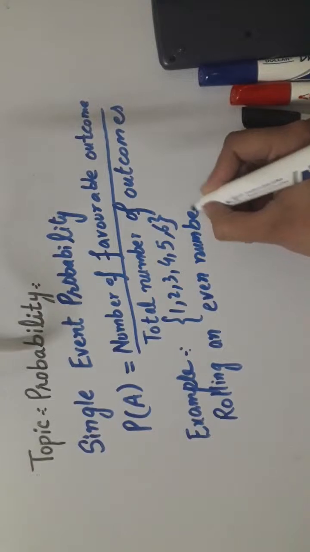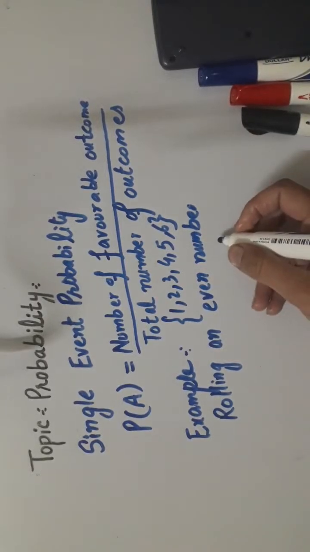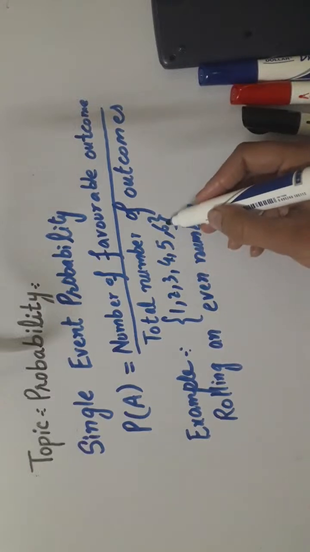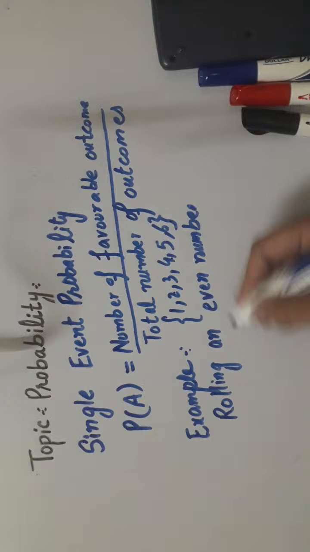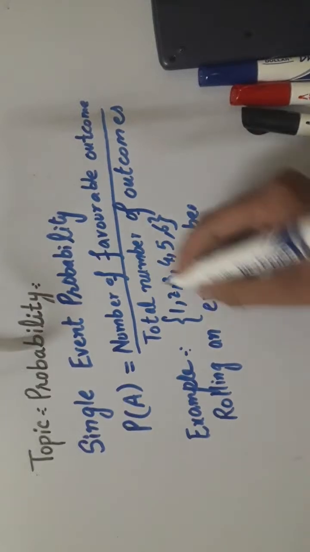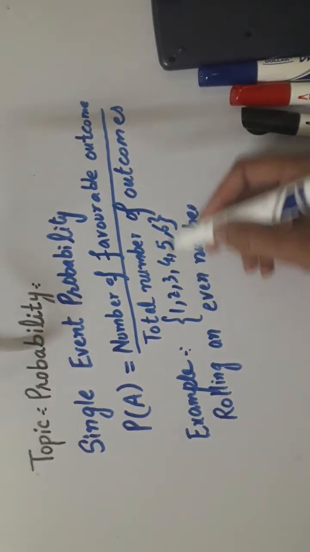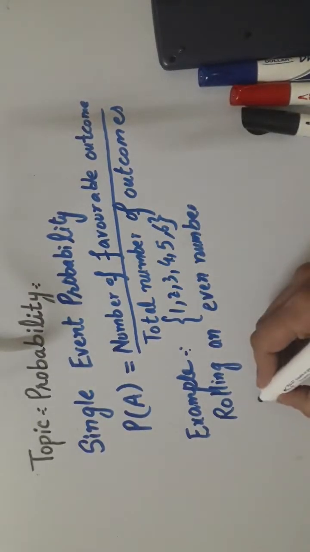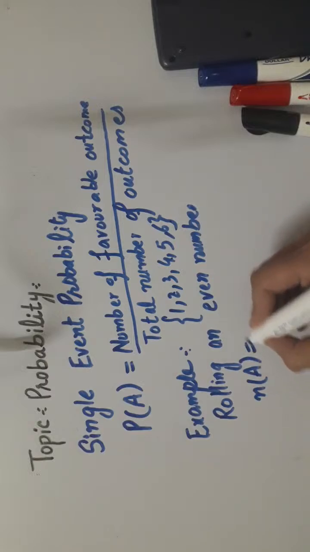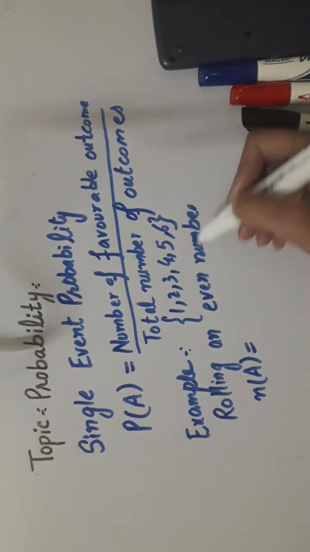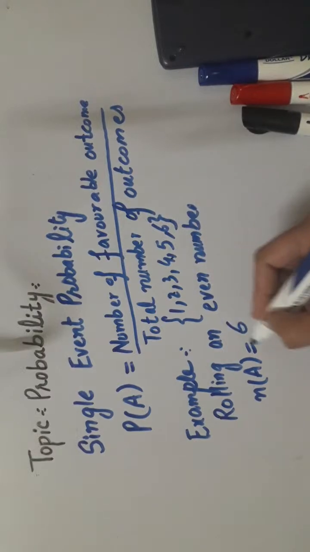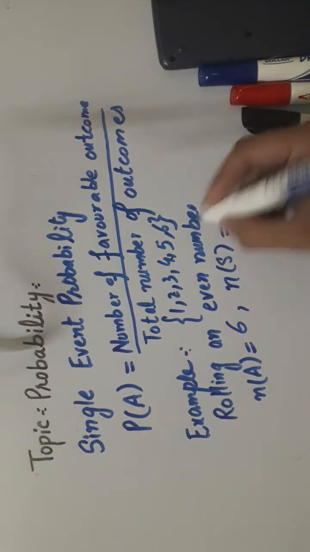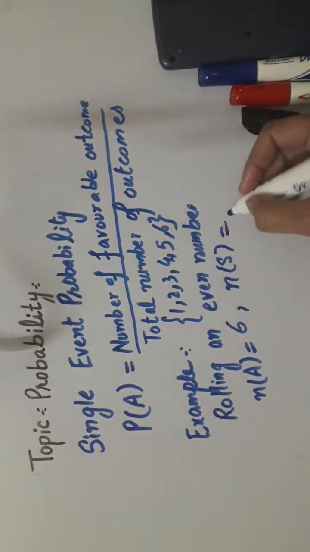So what will be the probability of this? Even numbers are 2, 4 and 6. So we will write this as number of favorable outcomes are 3 and total number of outcomes are 6. You will write N of A. N of A means favorable outcome. Even number are 2, 4 and 6 and the total number of outcome are 1, 2, 3, 4, 5 and 6.